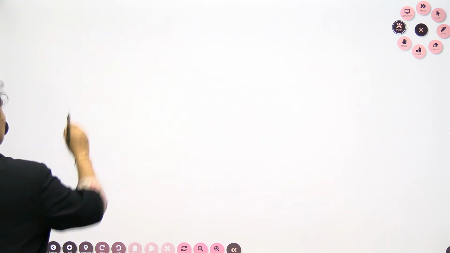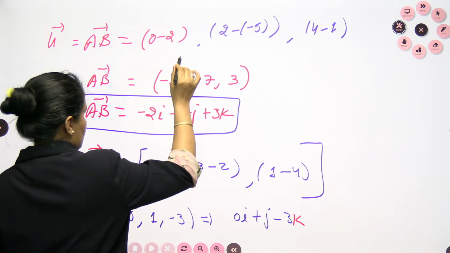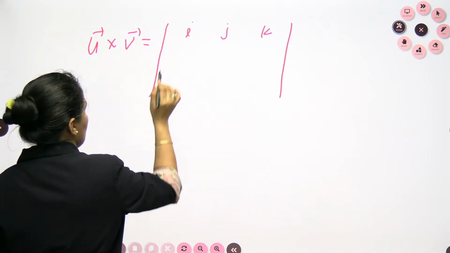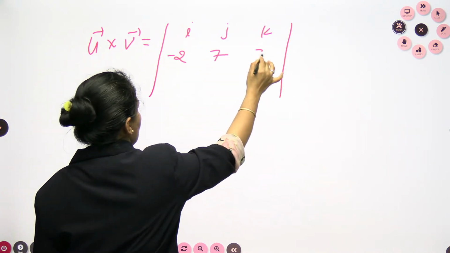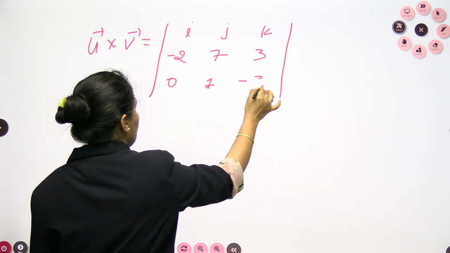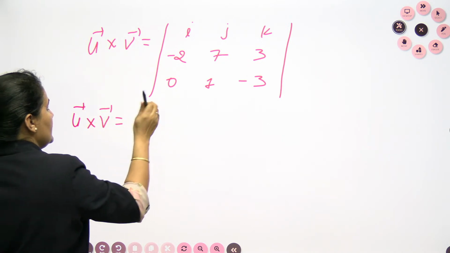Now let's find out the cross product, u vector cross v vector. So it will be i j k. For this one it is -2, 7 and 3. For this one it is 0, 1 and -3. We can write down the value of u vector cross v vector.